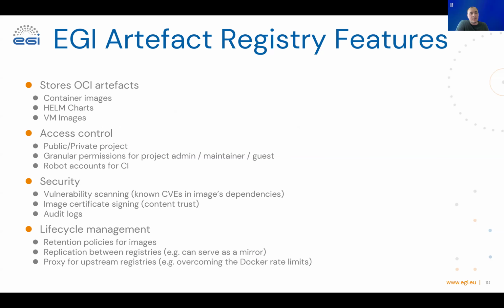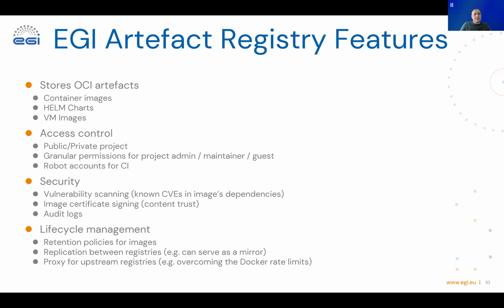Some features which Artifact Registry has is that it supports storing OCI artifacts, and the OCI standard is starting to support not only container images, but you are able to store also Helm charts, which are the recipes or templates for deploying software or infrastructure to Kubernetes.